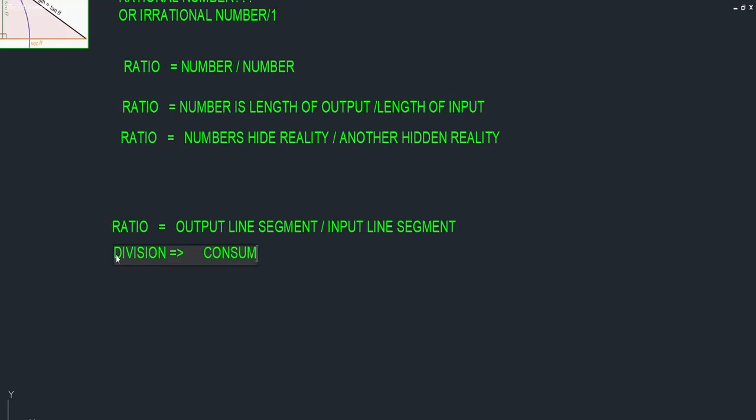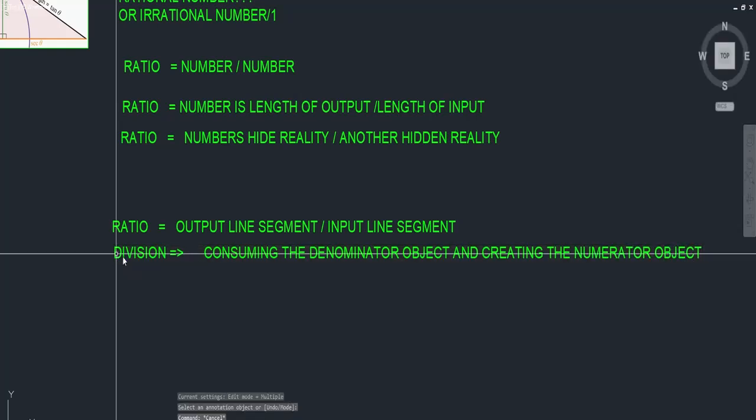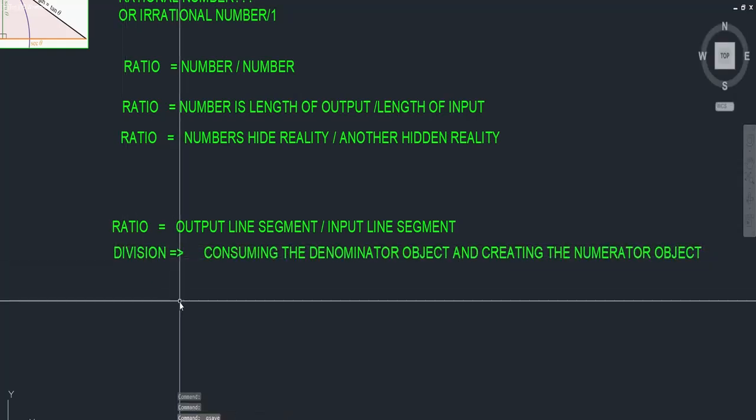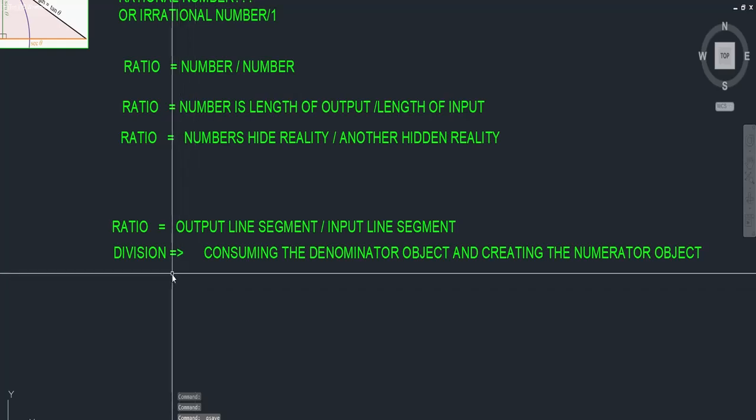consuming the denominator object and creating the numerator object, whatever it is. Efficiency is defined as the output divided by input.